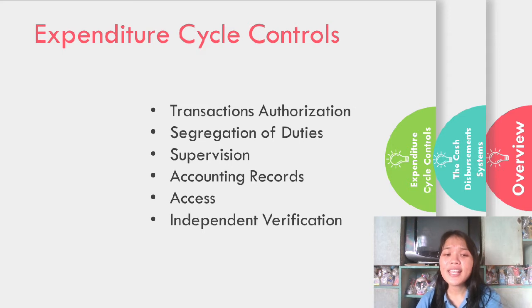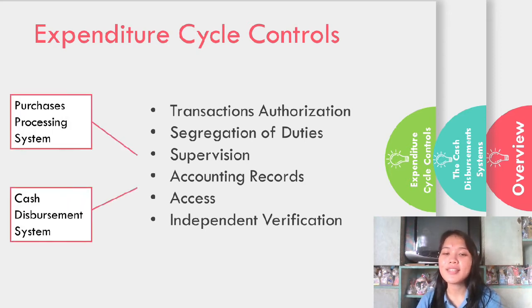And these 6 control activities are applied in the 2 systems that are used by the firm to administer its purchasing, ordering, and payment of inventories. Such 2 systems are the purchases processing system and the cash disbursement system.